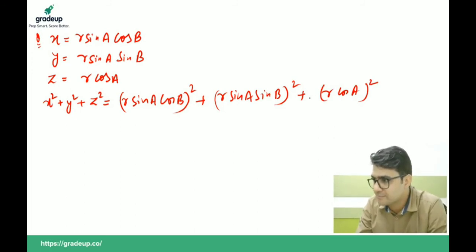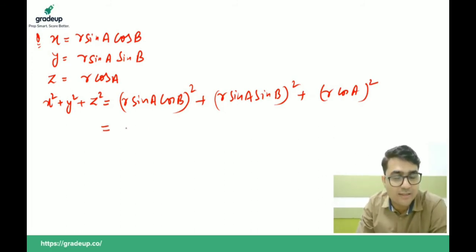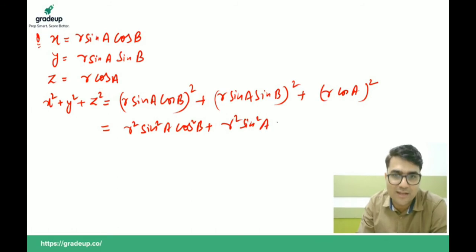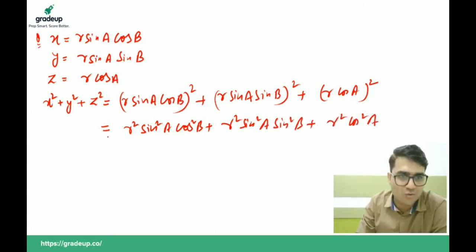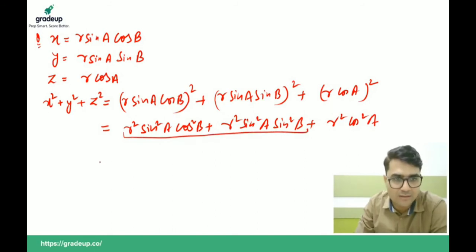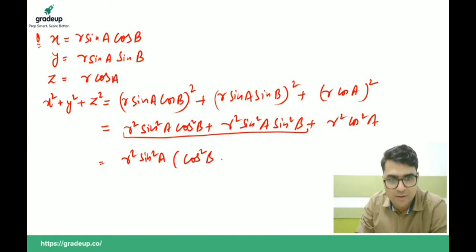Now, after squaring this, r square sine square A cos square B, r square sine square A sine square B, r square cos square A. So now take common from here, r square sine square A. We are left with cos square B plus sine square B. Alright, now plus r square cos square A.